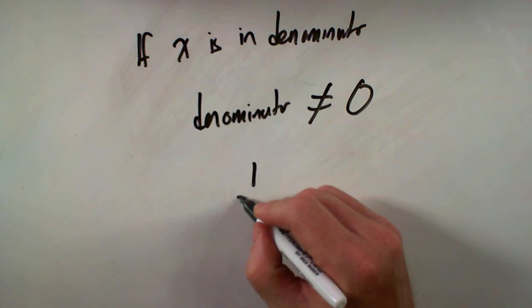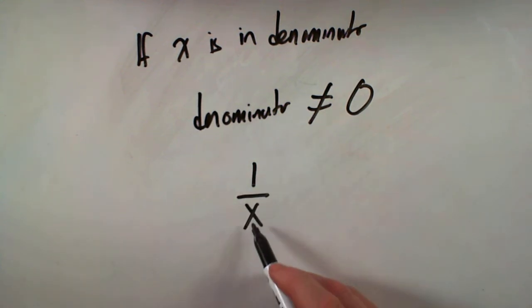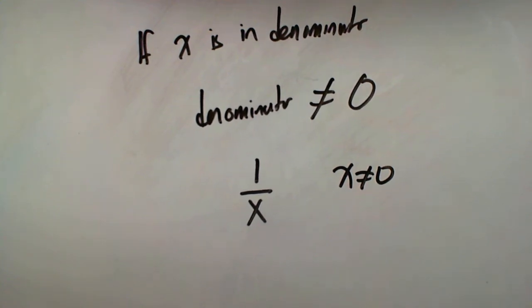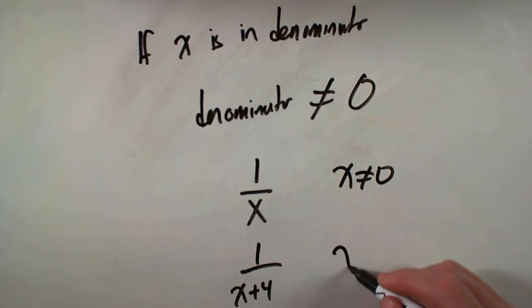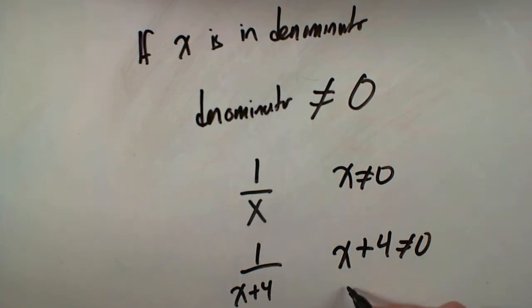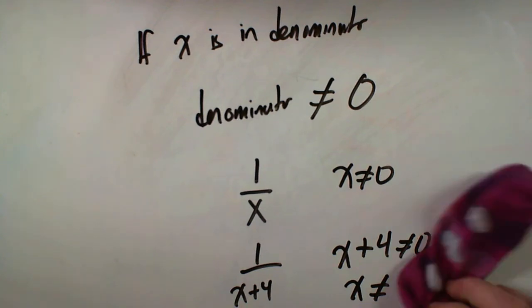If I have 1 over x, whatever's in the bottom cannot equal 0. If I had 1 over x plus 4, whatever is in the bottom cannot equal 0. And so that would mean that x cannot equal negative 4.